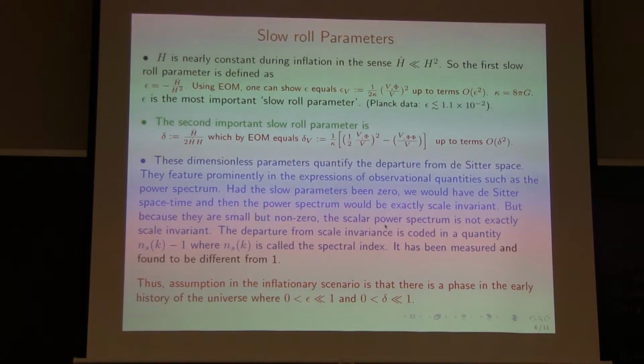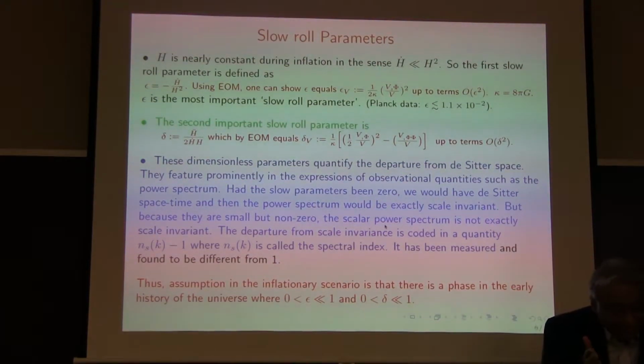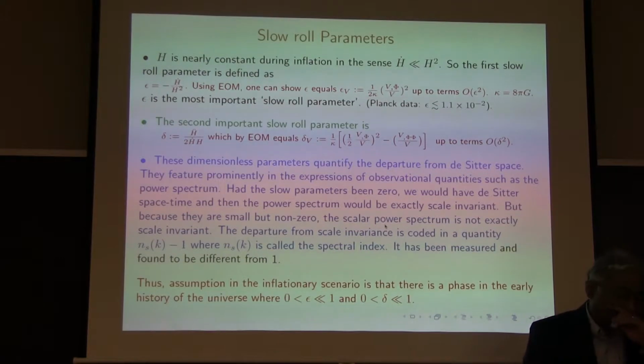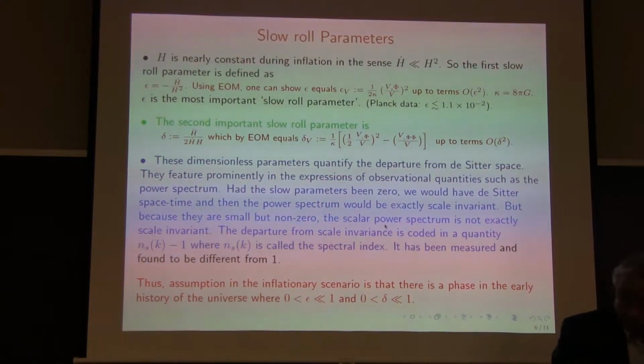So it's like an effective cosmological constant, and therefore we've got a nearly exponential expansion. But in fact it's not exactly exponential. The Hubble parameter is not exactly constant. It is decreasing, but very, very slowly.